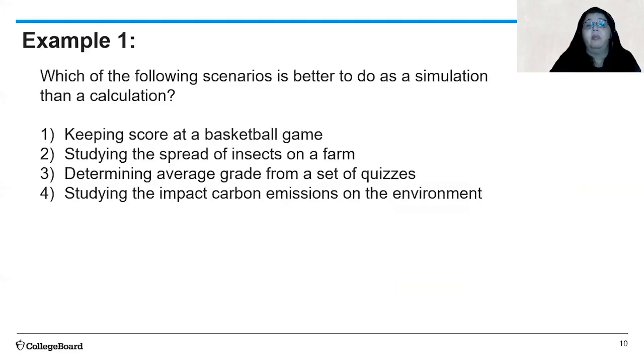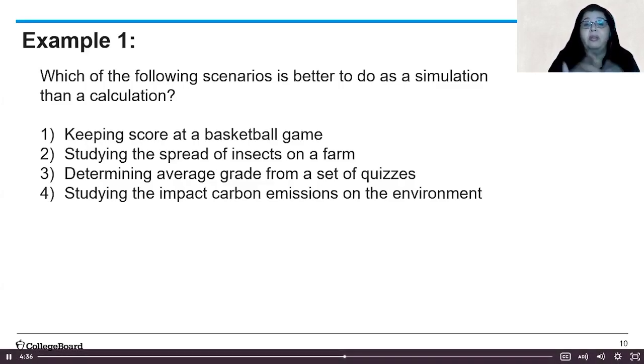So let's look at some examples here. Which of the following scenarios is better to do as a simulation than a calculation? If you can put your video on pause, and we'll catch back up with the correct answer. So it's better to do a simulation maybe on the spread of insects on a farm or studying the impact of carbon emissions on the environment.